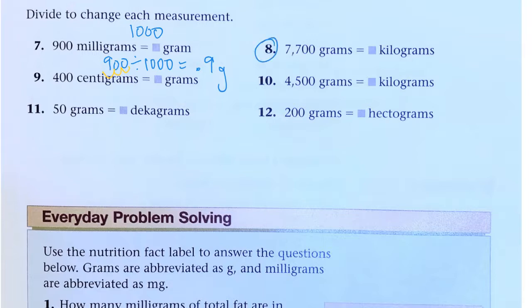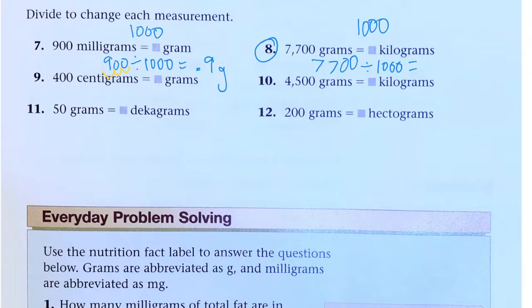So for number 8, we have 7,700 grams are how many kilograms? So it takes 1,000 grams to make 1 kilogram. So our fact is 1,000. So we're going to divide 7,700 grams by 1,000 to see how many kilograms are in those 7,700 grams.